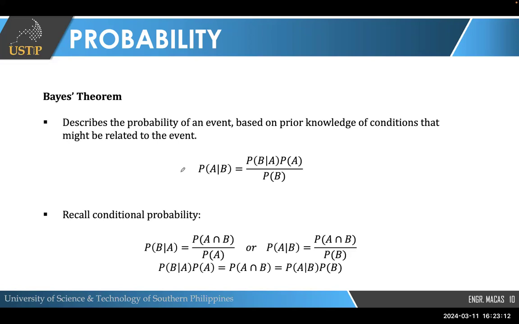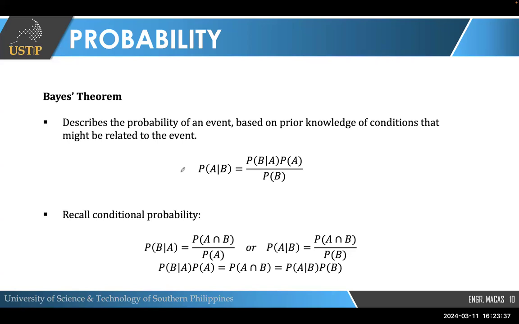So Bayes' theorem describes the probability of an event based on prior knowledge or of conditions that might be related to the event. So conditional gihapon siya pero magbag-o siya class in the sense that when there's a new information, the probability of a certain event happening will change because naa man tay new information that can affect that probability.